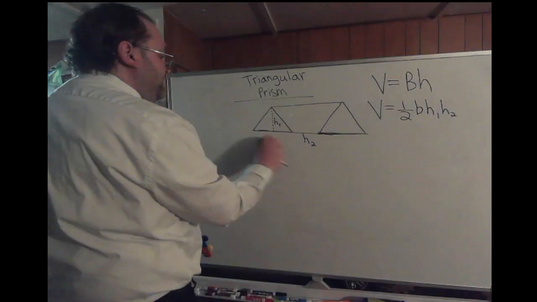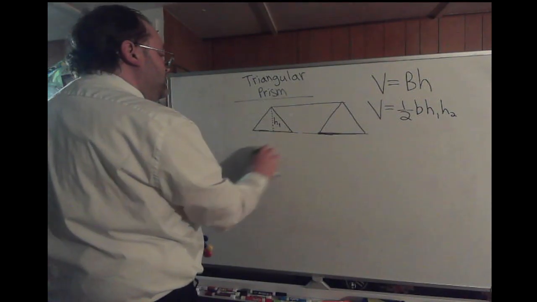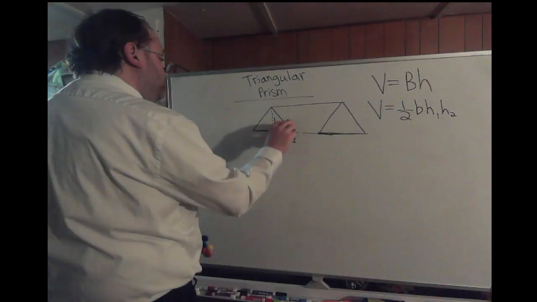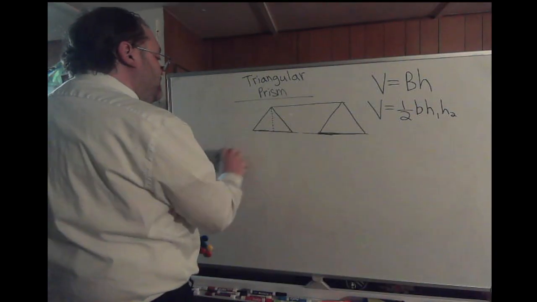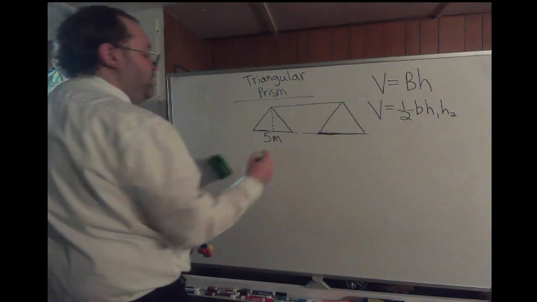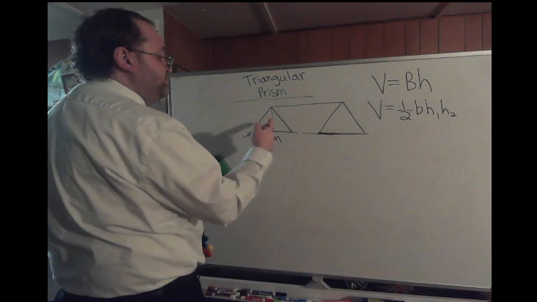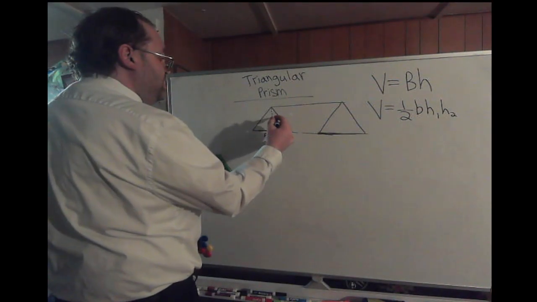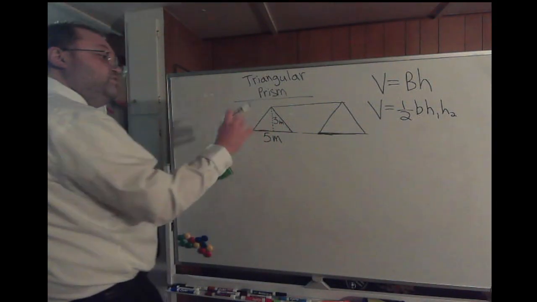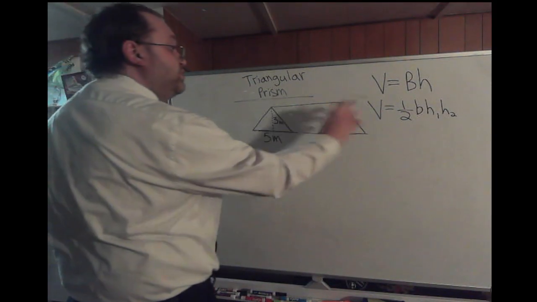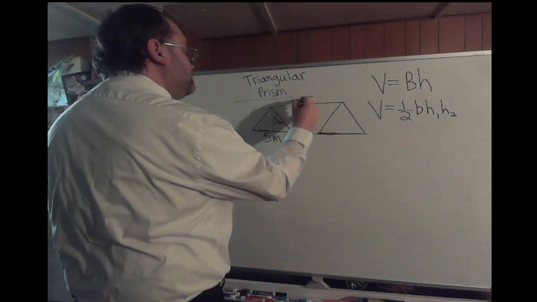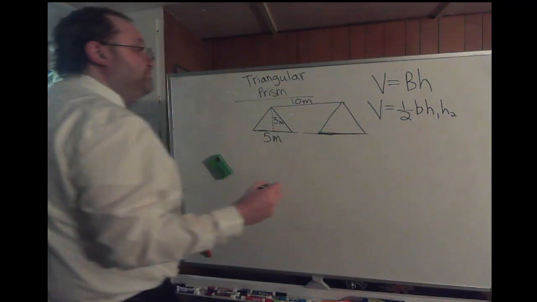Let's say you have 5 meters for the base of a triangle. You have 3 meters for the height of just the triangle itself, but then for the whole prism you have a height of 10 meters, right?